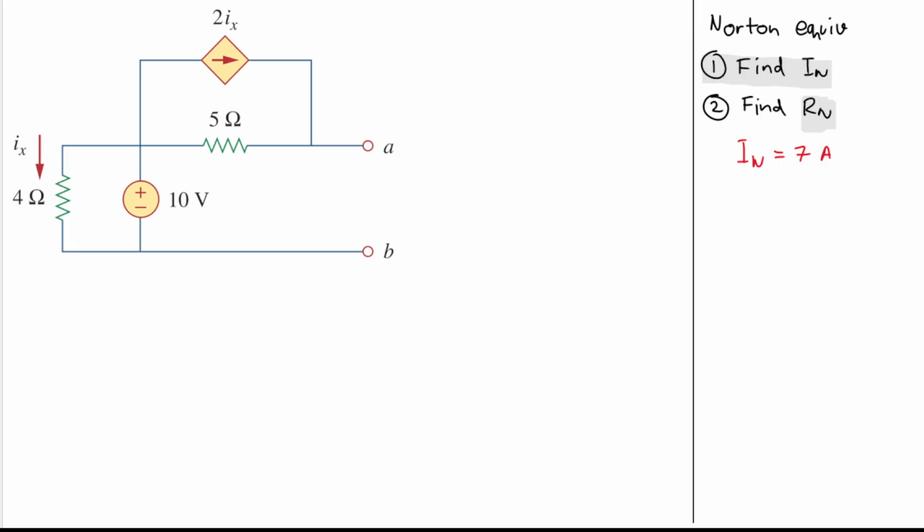The first thing we need to do is turn off all independent sources. So we turn off this 10-volt voltage source and replace it by a short circuit.